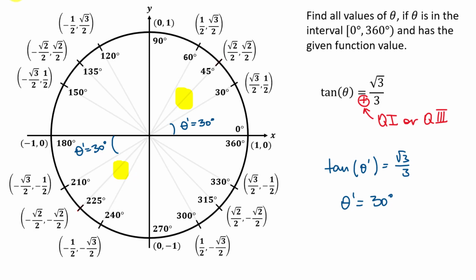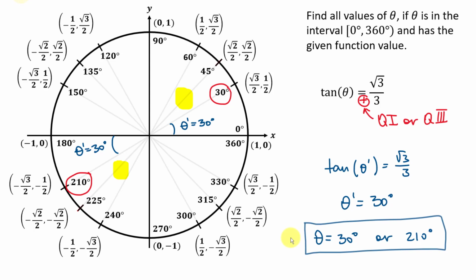And that means that the two angles that I'm looking for, angles theta with the provided description, are the 30-degree angle in quadrant 1 and then the 210-degree angle in quadrant 3. That will be my answer. Theta equals 30 degrees or 210 degrees. So these are the steps for finding the unknown angle given its function value.